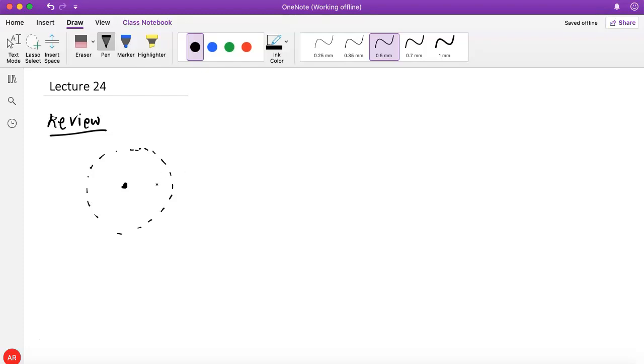All points on a wavefront have the same phase. Say that's a wavefront corresponding to a crest. All the points on it have the same phase, so you have the same number of wavelengths from the source.